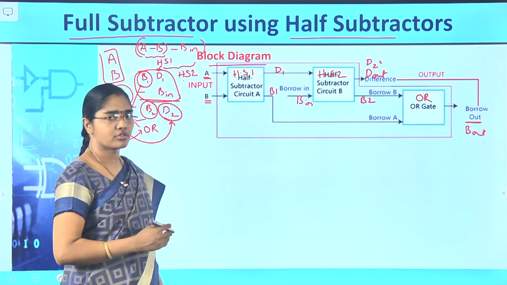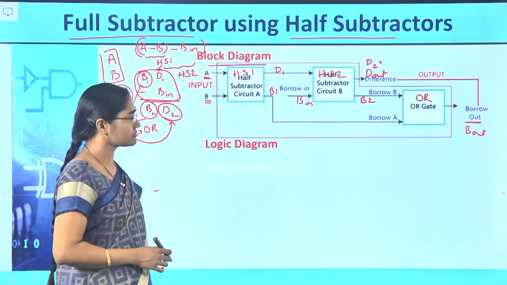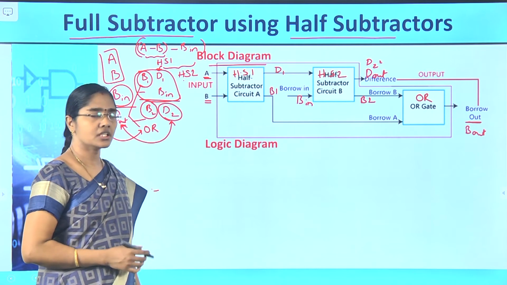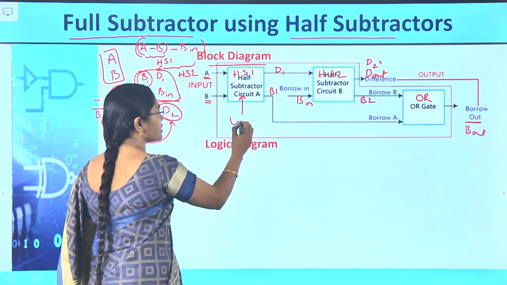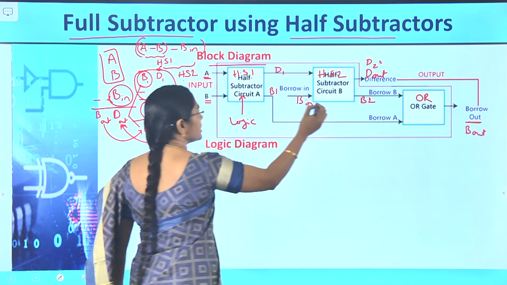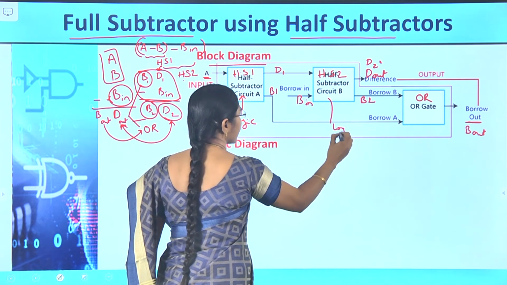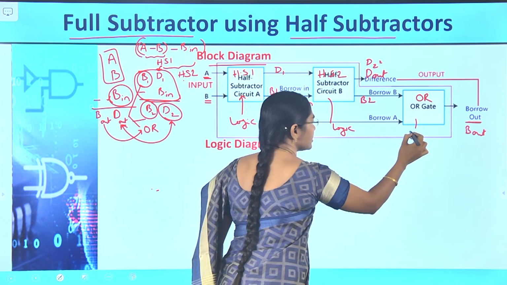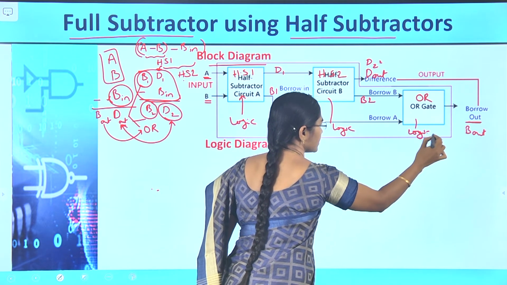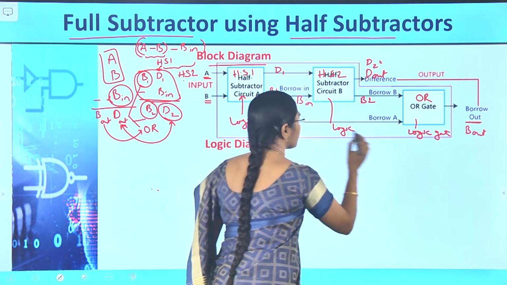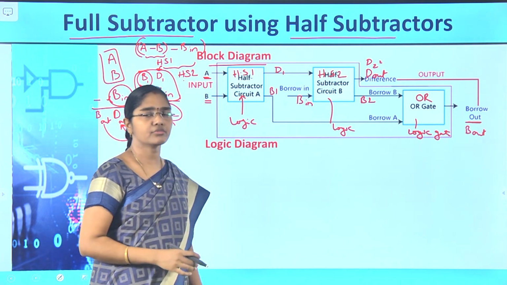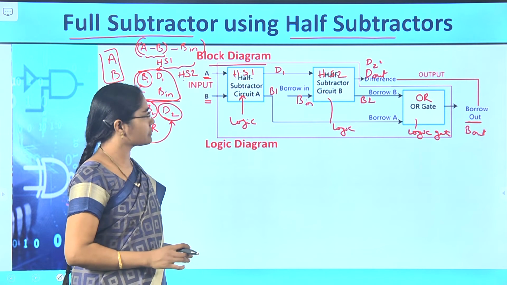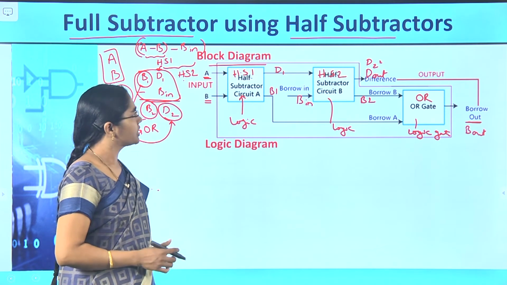Now we have to draw the logic diagram. How will the logic diagram be? Simply, replace each block in this block diagram with its logic diagram, and the OR gate with a logic gate.